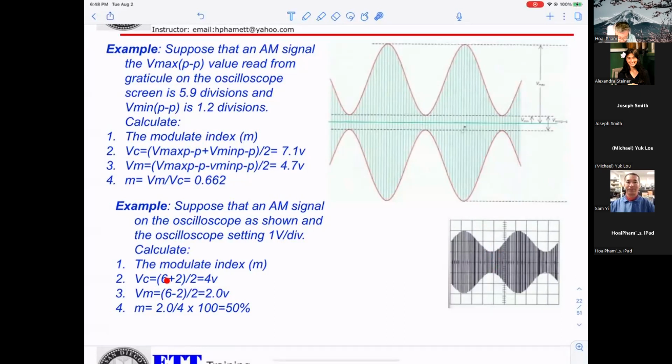So 6 plus 2, divided by 2, you get 4 volts for VC. And for VM, 6 minus 2, divided by 2, you get 2 volts. So m will be 2 divided by 4, times 100, you get 50%.